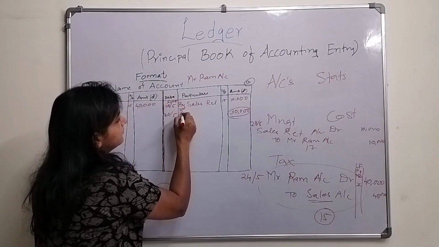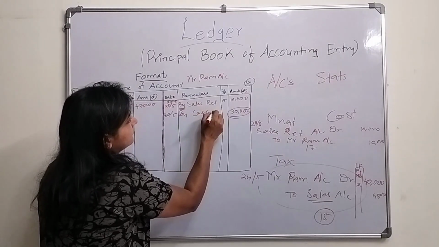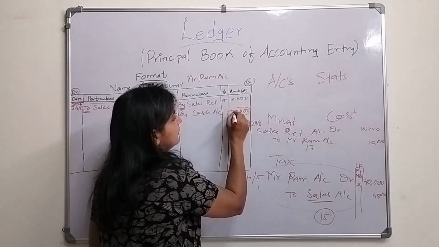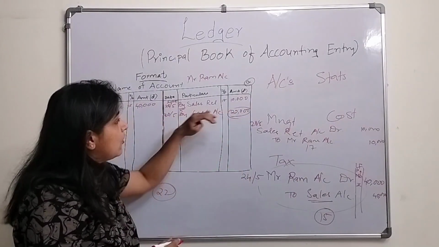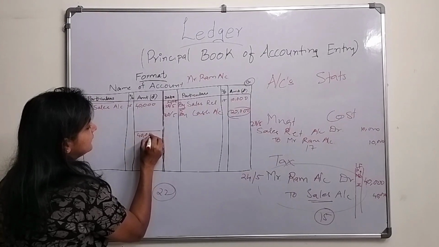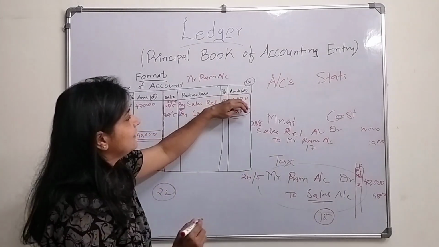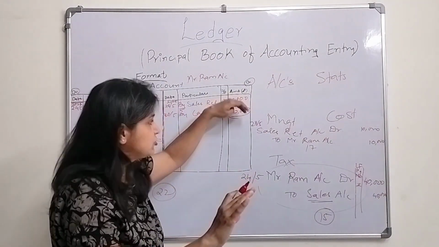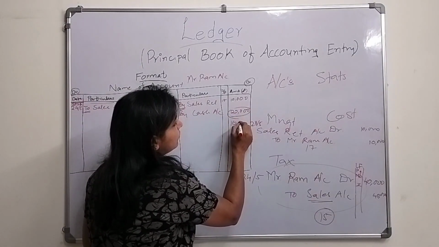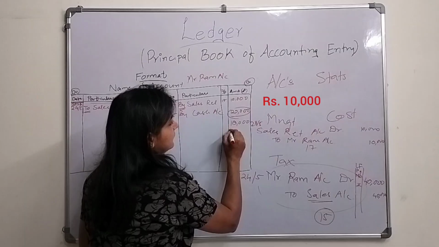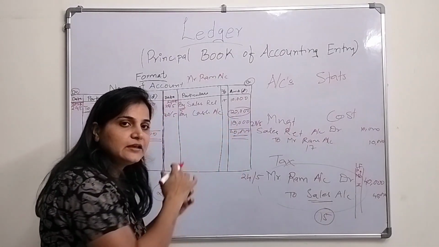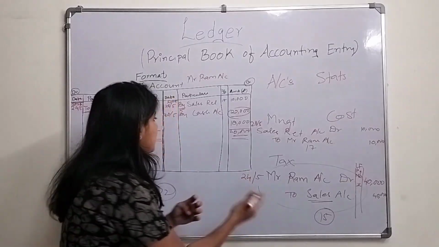He will pay me cash. Now, let's say he paid me 20,000. He was liable to pay me 40,000, 10,000 worth of goods he returned, 20,000 he paid to me, remaining is what? 30,000. What will I do with this? I will carry it forward to the next month.